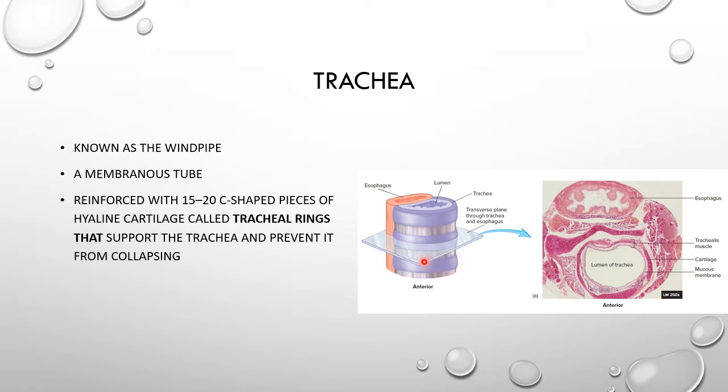May cartilage yan para hindi mag-collapse, no? Okay? So, that's about 15 to 20 C-shaped pieces of hyaline cartilage, and you call this your tracheal rings. And this supports the trachea to prevent it from collapsing, as I mentioned.